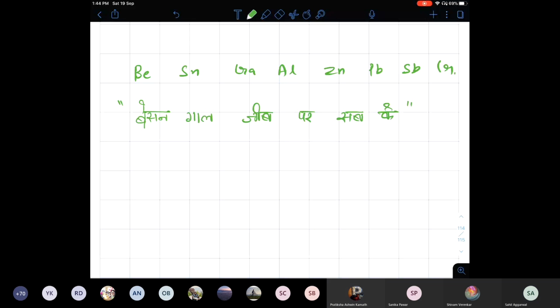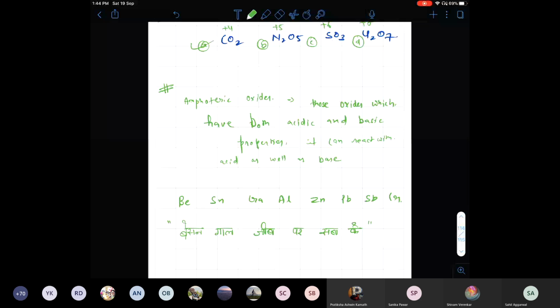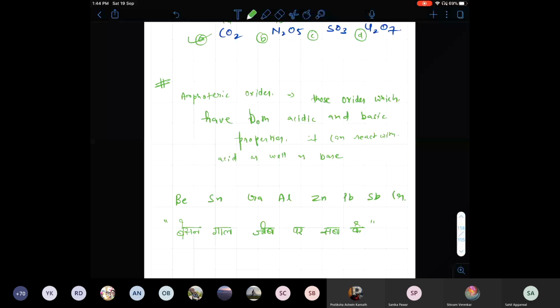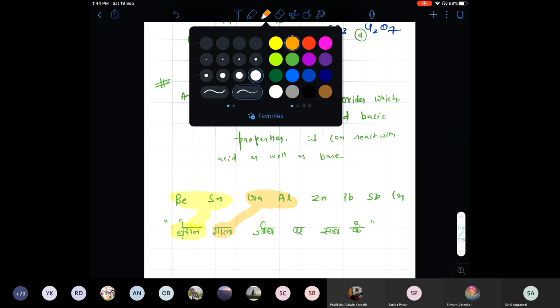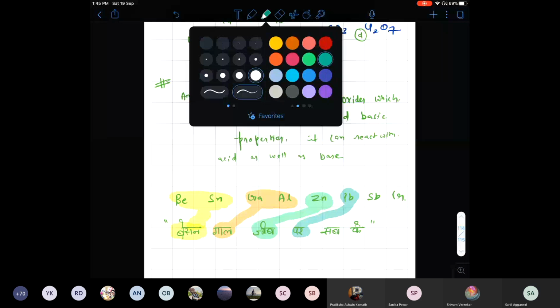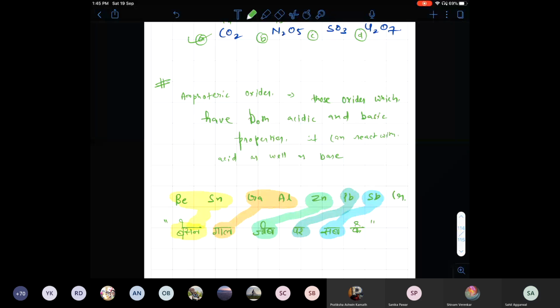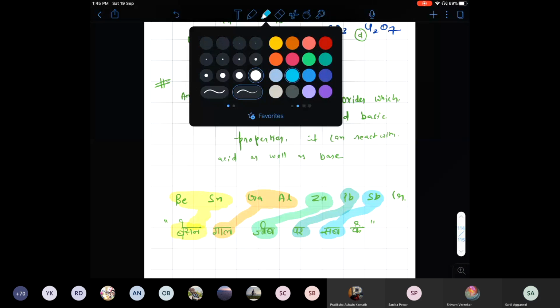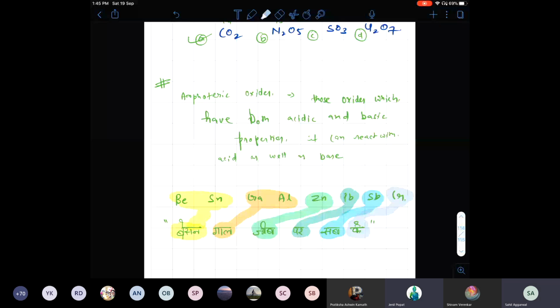Besan, gal, jeebh par, sab ke. So the last one is chromium. Chromium.